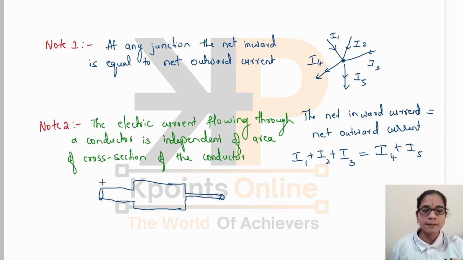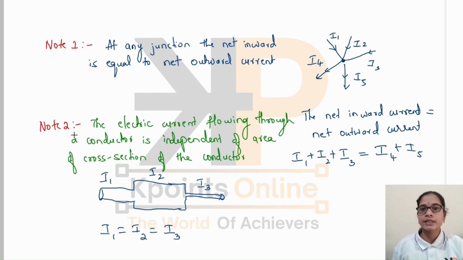Suppose for this part I1 is the current flowing through this part of the conductor and I2 is the current flowing through this part and I3 is the current flowing through this part. Now the electric current flowing through this conductor is independent of the area of cross section, which says that I1 is equal to I2 is equal to I3.